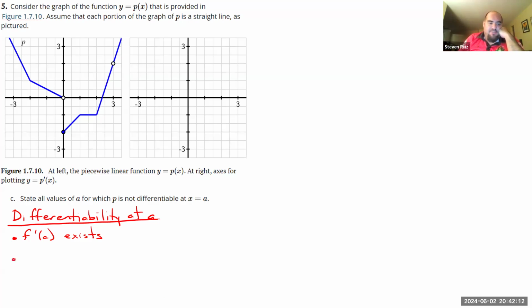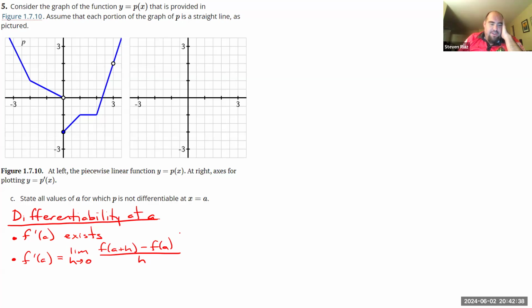That is something we've talked about, this fundamental limit definition, a lot. So f prime of a equals what? The limit as h approaches 0 of f of a plus h minus f of a all over h. So this limit has to exist.